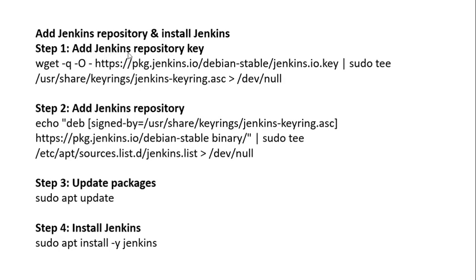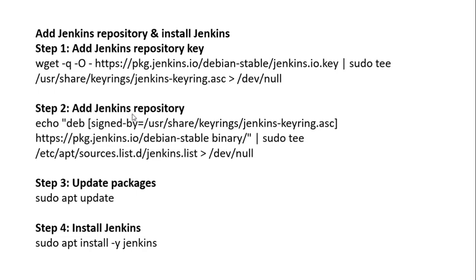Step 1 is add the Jenkins repository key: wget -q -O - https://pkg.jenkins.io/debian-stable/jenkins.io.keys | sudo tee /usr/share/keyrings/jenkins-keyring.asc > /dev/null.